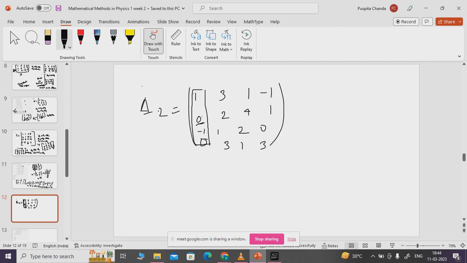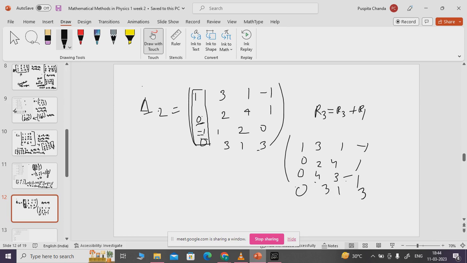Two are already 0, and we can make this also 0 by what? R3 is equal to R3 plus R1. It will become 1 3 1 minus 1, 0 2 4 1, 0 4 3 minus 1, and 0 3 1 3.